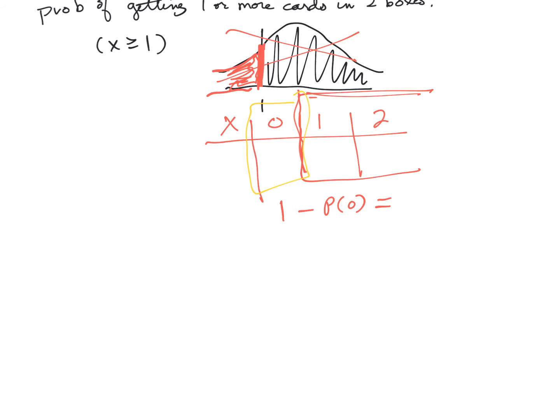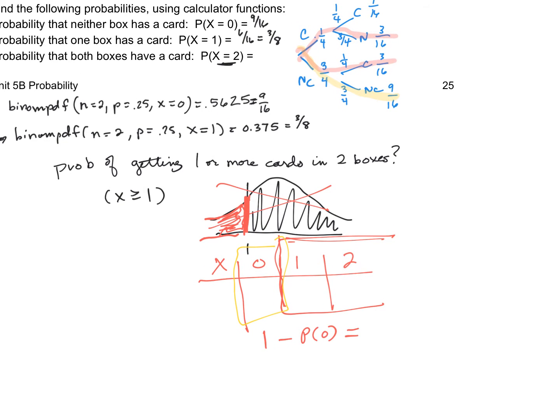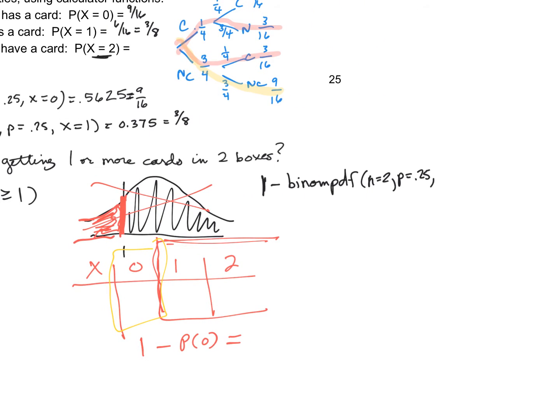All right, so 1 minus P of 0. Well, we know that, so we can write this in one of 2 ways. We can either write this as 1 minus binomial PDF of n equals 2, p is 0.25, and then 0, right?